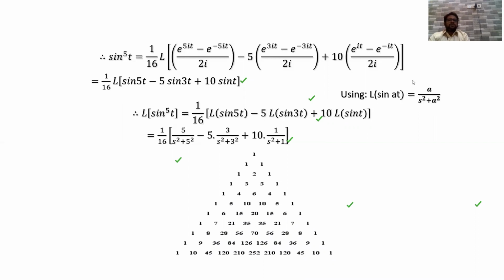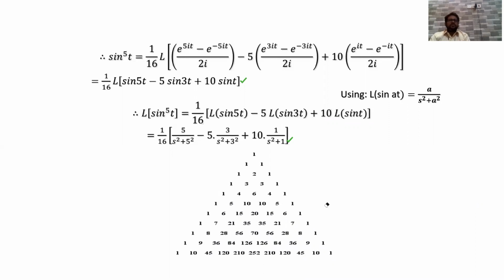So here a is given as 5, so 5 upon s square plus 5 square, minus 5 into 3 upon s square plus 3 square. Here a is given as 1, so 10 into 1 upon s square plus 1. So this is the complete solution of the Laplace transform of sin raised to 5t.